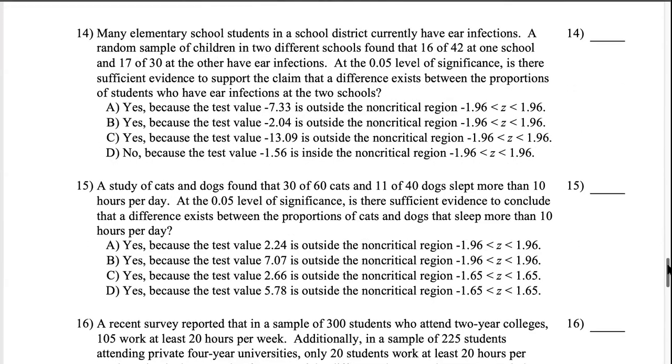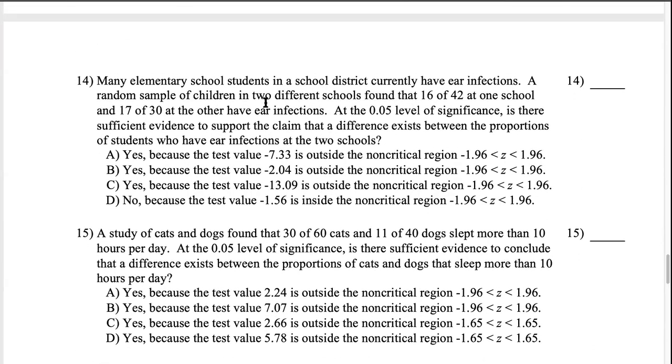Number 14: many elementary school students in a school district currently have ear infections. A random sample of children in 2 different schools found that 16 out of 42, that's one school, and 17 out of 30, another school. At alpha equal to 5%, is there sufficient evidence to support the claim that a difference exists between those 2 schools?